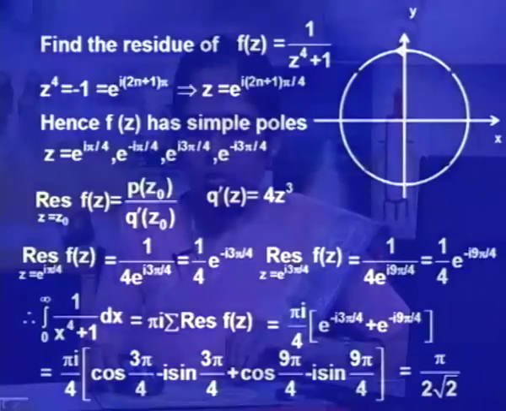We have today learned to evaluate improper integrals of the form 0 to infinity of f(x) dx or the integral from minus infinity to plus infinity of f(x) dx. What we have learned is that f(x) is a rational function, that is, a ratio of two polynomials, such that the degree of the denominator is at least 2 higher than the degree of the numerator.